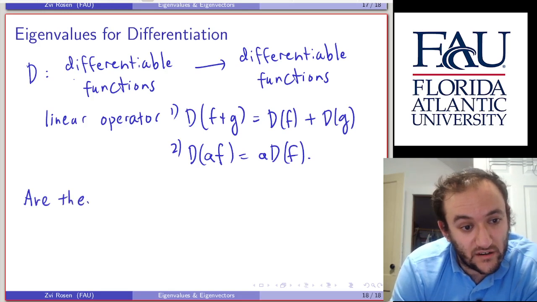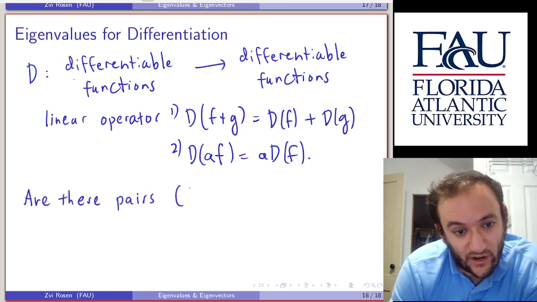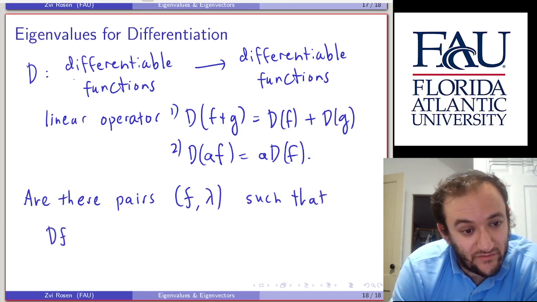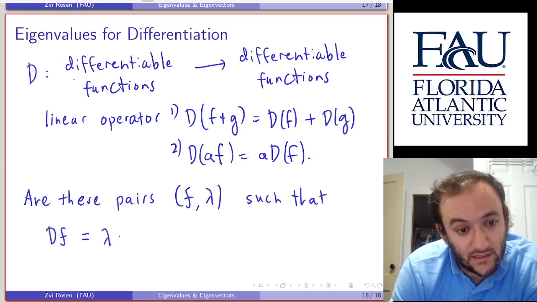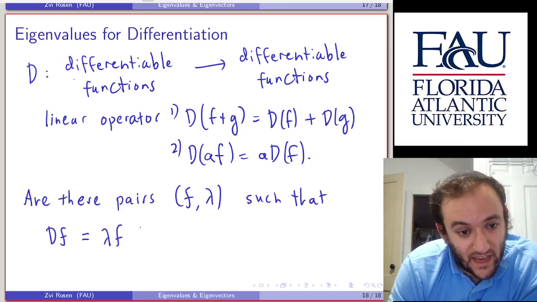So are there pairs of, instead of x, I'm going to write f, and lambda such that df equals lambda f. Okay, so this is kind of like the eigenvalue problem.